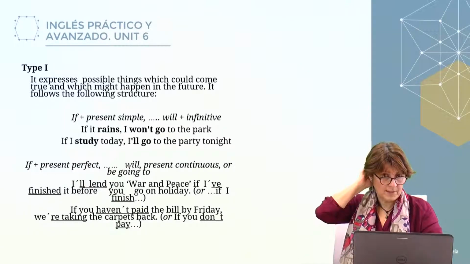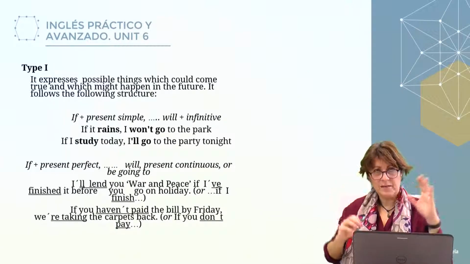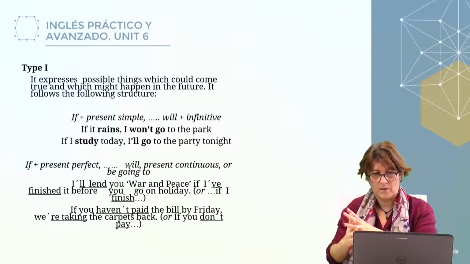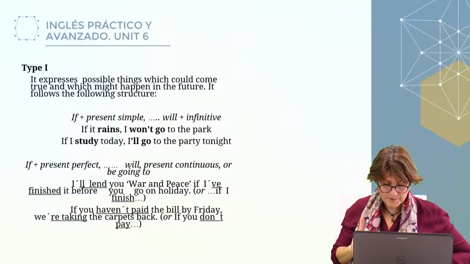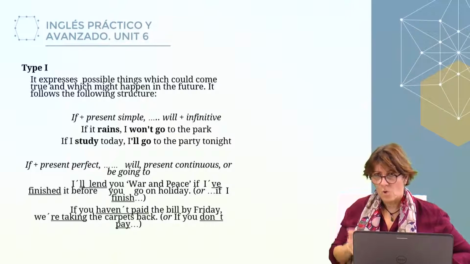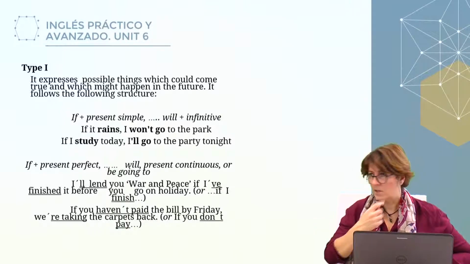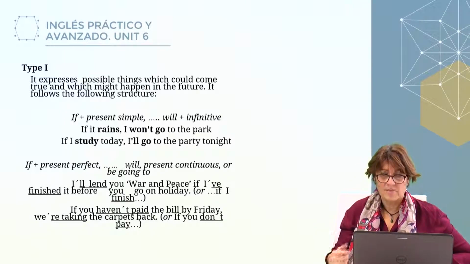Conditional type 1: this is when you have if plus present, and will in the other clause. Remember something very important, and I will repeat it along the explanation. With the sentence if, or the clause if, you cannot put another modal or any other conditional. You cannot say if I will, if I would.